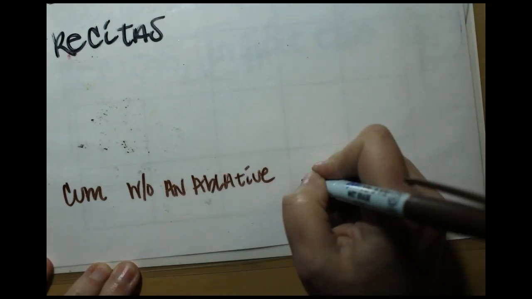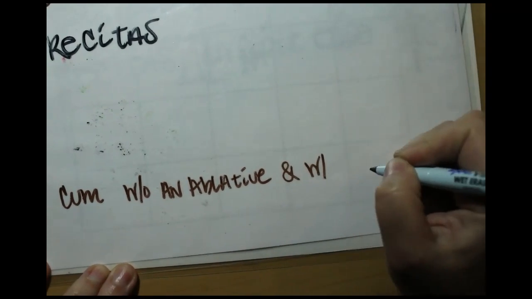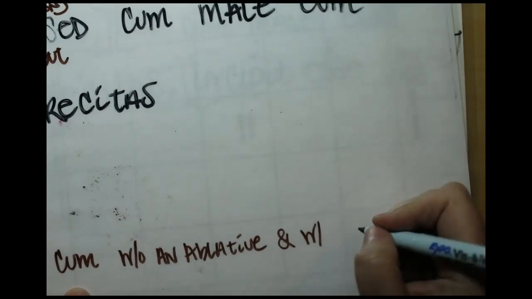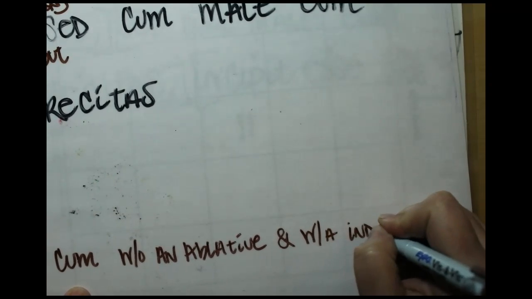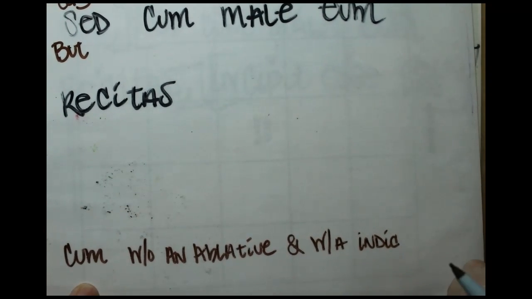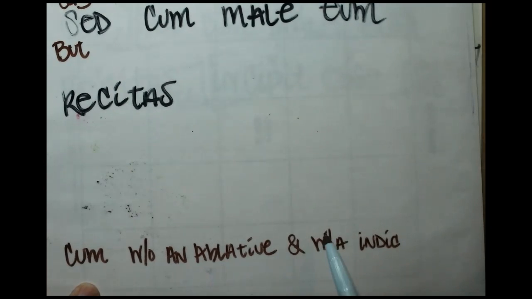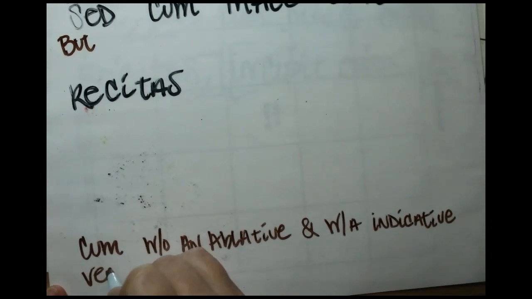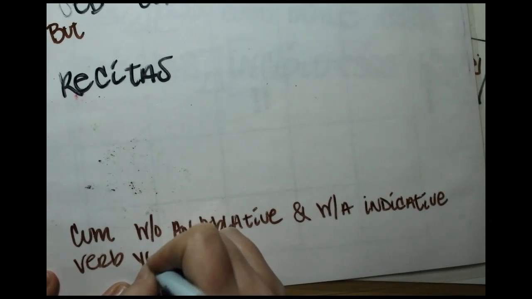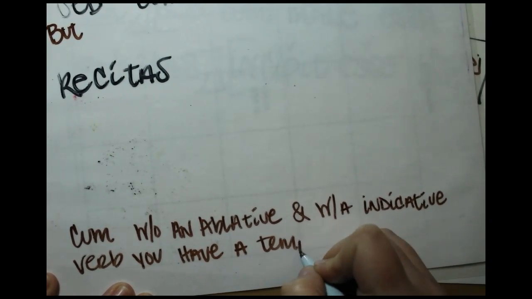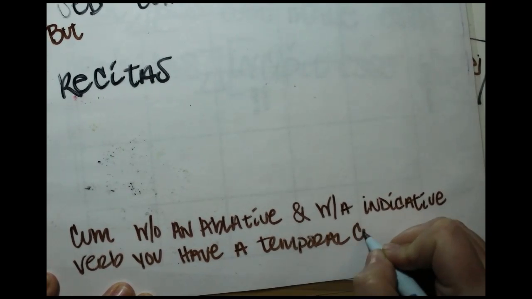So if you have it without an ablative and with a verb, with an indicative verb, so a verb in the indicative mood, like we have been working on. We haven't really been working on the subjunctive yet. When you have cum without an ablative, with an indicative verb, you have what's called a temporal cum clause.